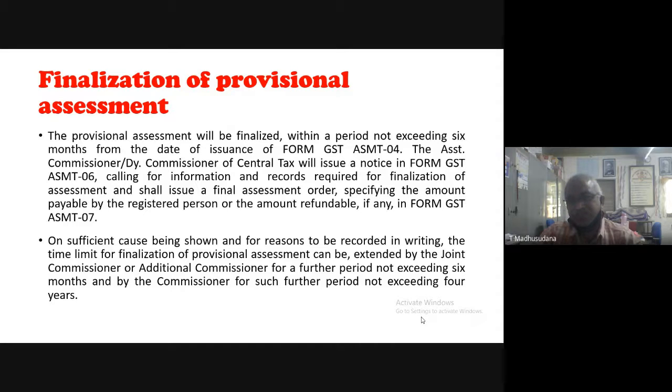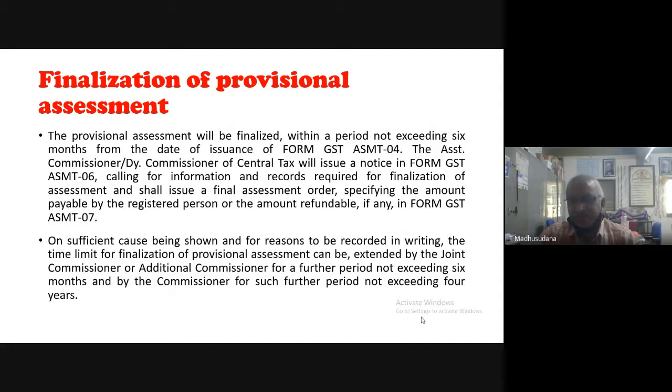In this form, they will give the final order: how much tax is to be paid, how much balance amount is to be paid, or how much is to be refunded by the government.